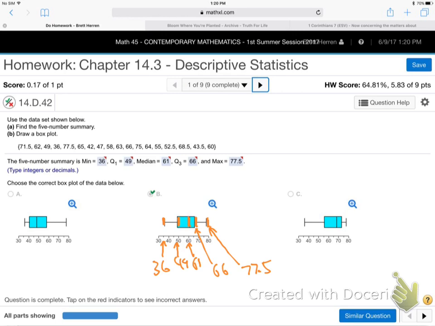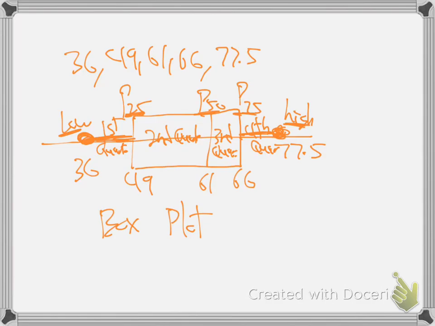You might wonder, like if I was the first thing, I'd go, why isn't this one in the green box? Why isn't it right in the middle? Because it's representing how many numbers, not just the total of the numbers. So in other words, it's saying there's the same amount of numbers from there to there as there are from there to there. Same amount of data values, I mean. There's the same amount of data values between 49 and 61 as there are between 61 and 66. That's true. If you look back up here, let's go back to the original thing.